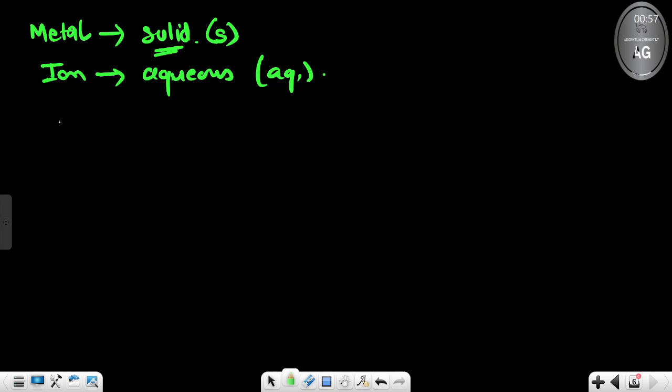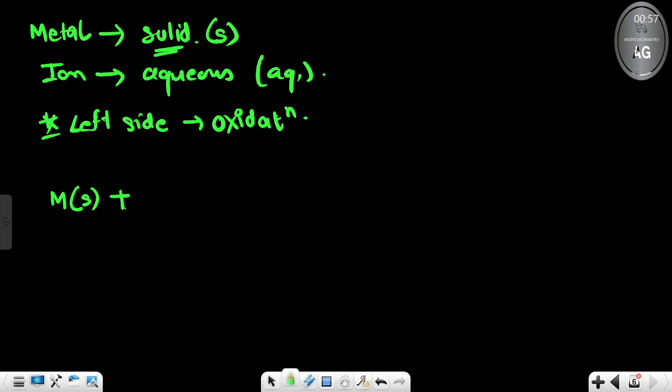Okay. So as I have already told, please remember left side oxidation, so right side will become reduction. So M bracket solid, then one slash, no. This is one mistake you all make.